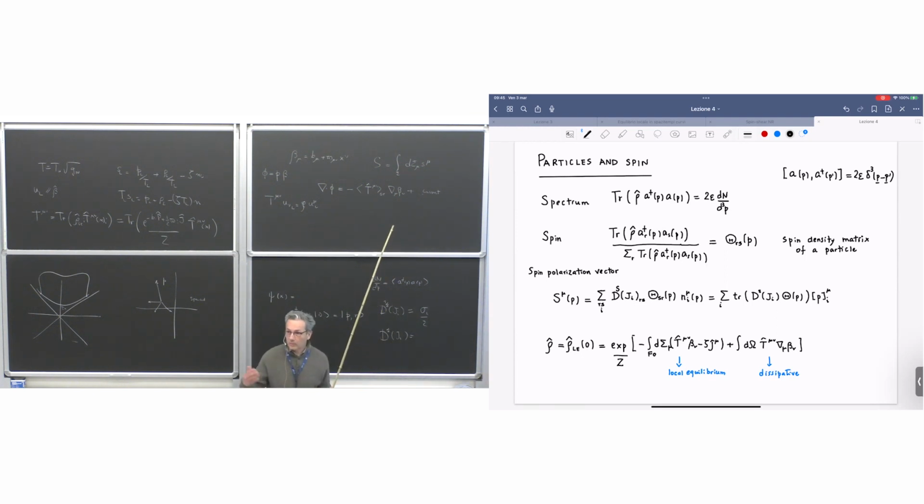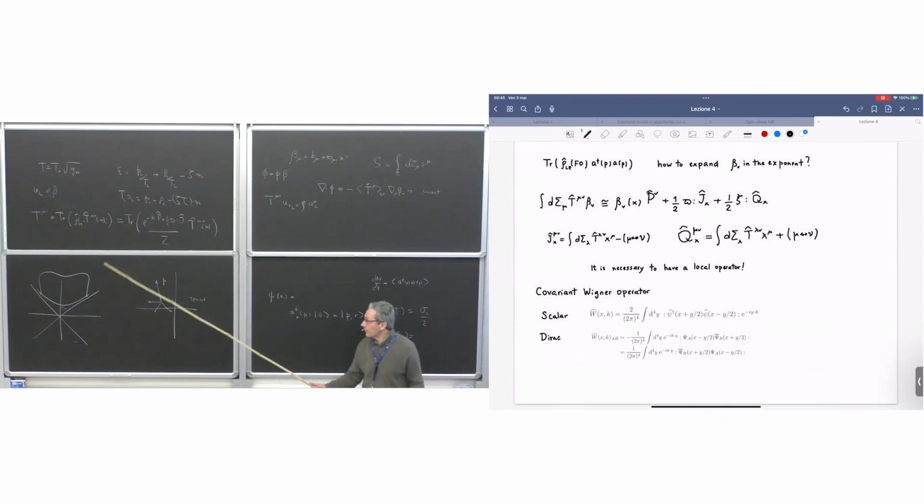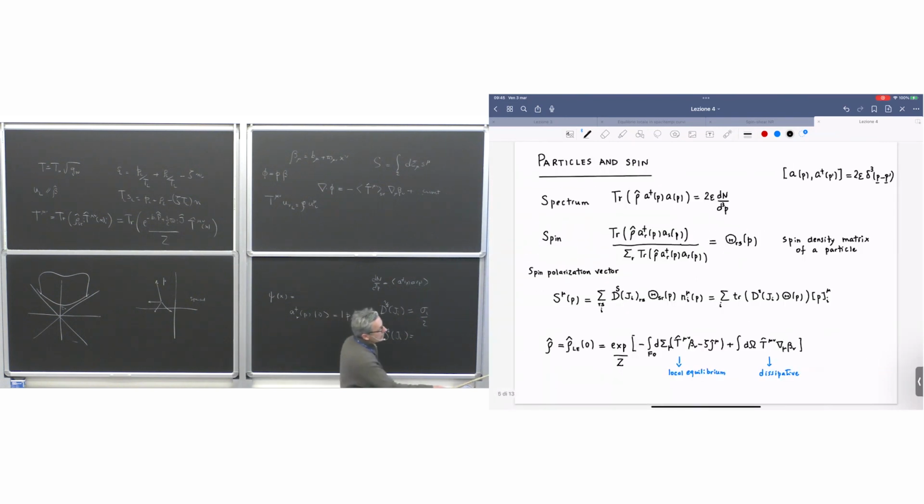So, for instance, we may want to calculate the spectrum with the approximation of retaining just the local equilibrium operator, the local equilibrium at freeze-out. So that means that we neglect this for the present, and we want to calculate the spectrum.